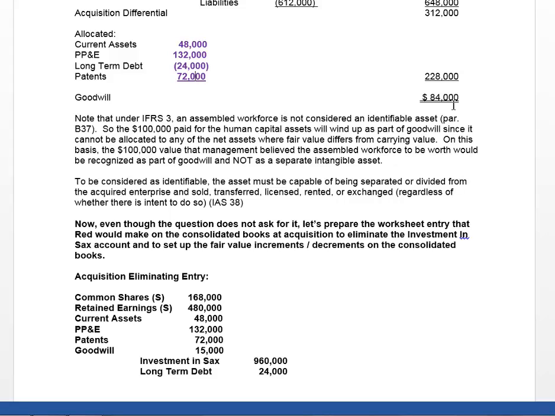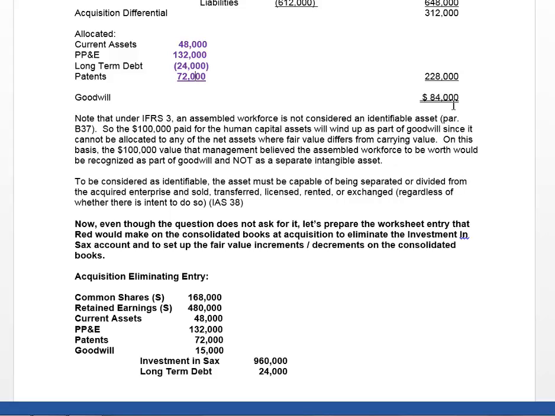But now to do the third set of books under the acquisition method, if neither Red nor Saks are carrying Saks' assets and liabilities at their fair value, the consolidated entity has to reflect them on the consolidated statements. So what we would do on this third set of books is make an entry.